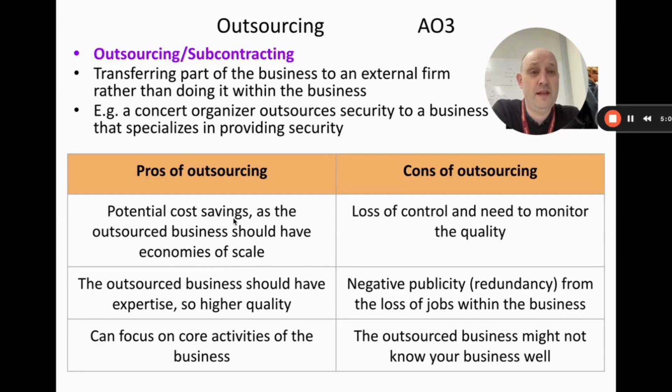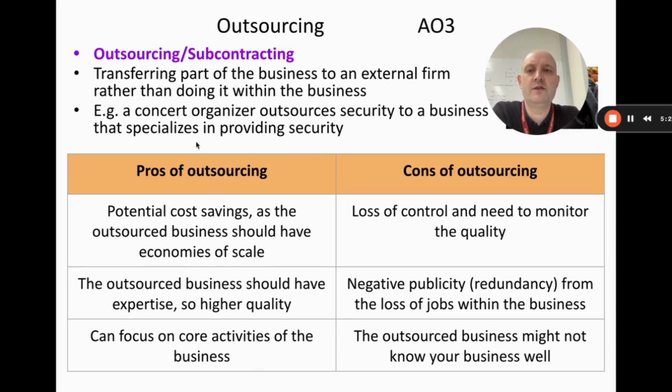Not necessarily, though. It might be that the outsourced business is more expensive, but it's potentially likely that it's going to be cheaper. The outsourced business should have expertise, so higher quality. If they get an external security company to do their security for them, they should be experts in that. That's their job, that's their business. So they should, in theory, be able to do it better than if the business hired their own security guards.